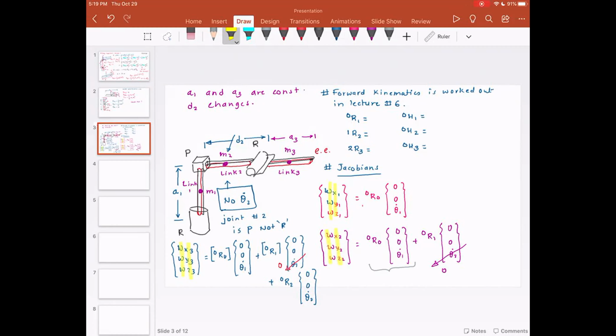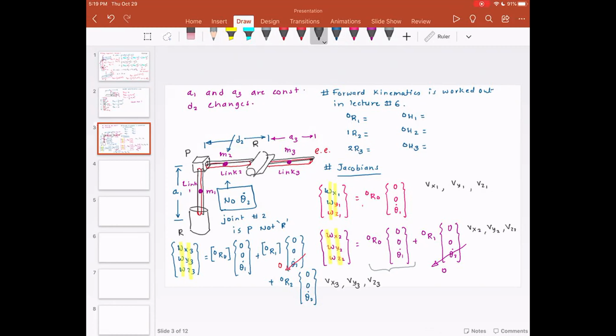And for translational kinetic energy, we need to find Vx1, Vy1, Vz1, Vx2, Vy2, Vz2, Vx3, Vy3, Vz3.